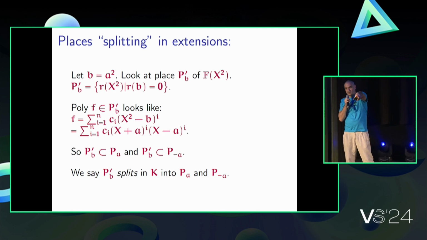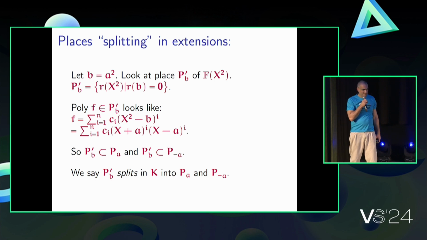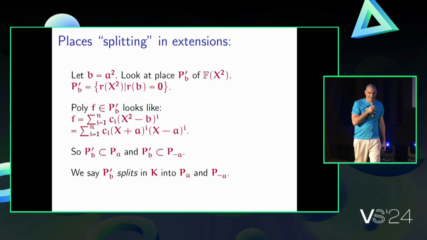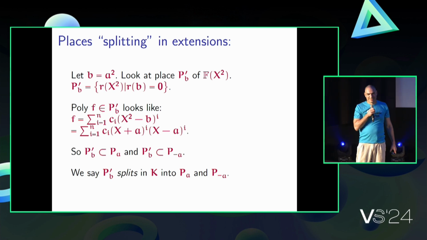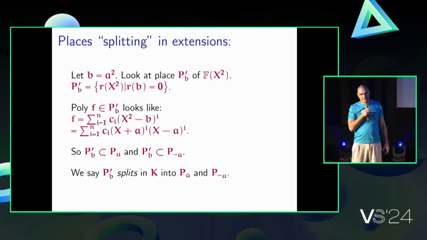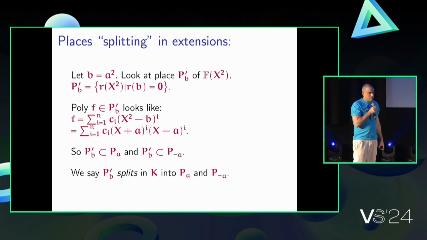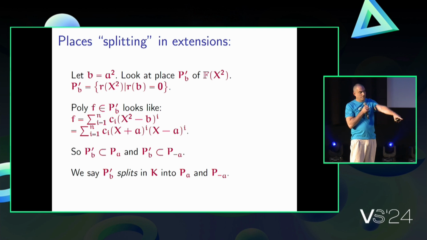Why do both terms x plus a and x minus a have to be 0 and not only one of them? Well, if you have something that is a combination of x squared minus b, so it's going to be a combination of x plus a times x minus a.